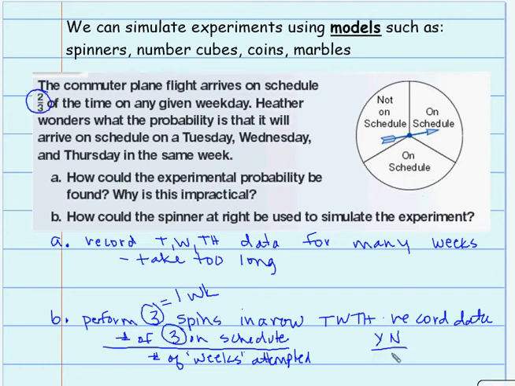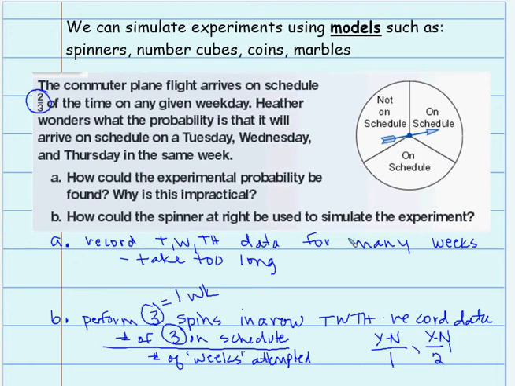And then that would be divided by 1. And then you would come up with 3 more spins and get a yes or a no. So now you'd have 2 yeses divided by 2. Okay, does that make sense? I hope it does. So you're gathering information and keeping track. So you could spin the spinner 300 times and keep track, and that would be the same as 100 weeks of flights.